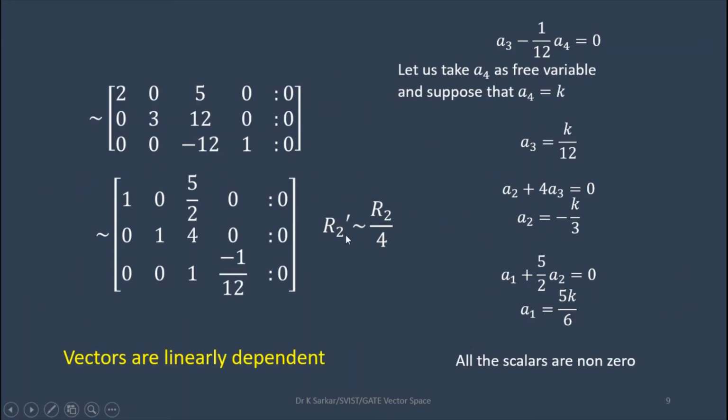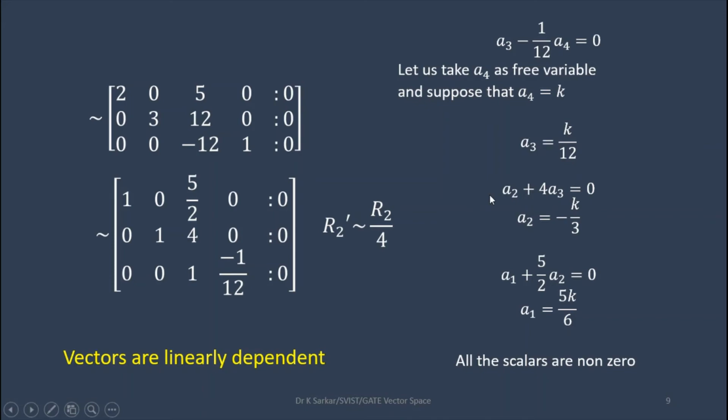Now another operation we have done, R2 dash is R2 by 4. So by this operation we have got the latest matrix, where the third equation we are getting as a3 minus 1 by 12 a4 equals 0.